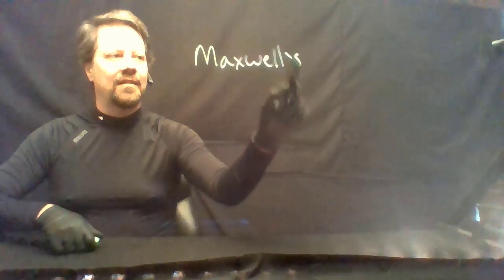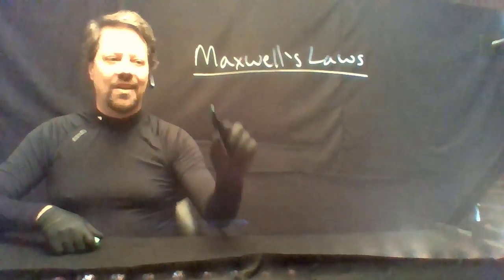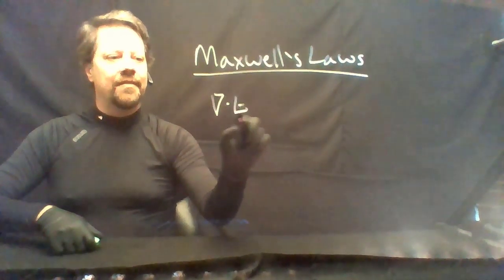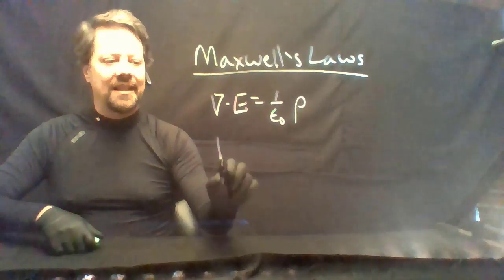Now, with a little understanding of the wave equation in your minds, I'd like to go back and take another look at Maxwell's laws. Remember what these are. The divergence of the electric field is 1 over epsilon naught times the charge density.